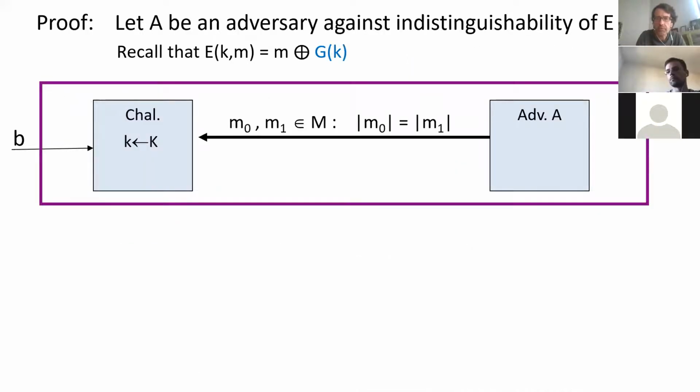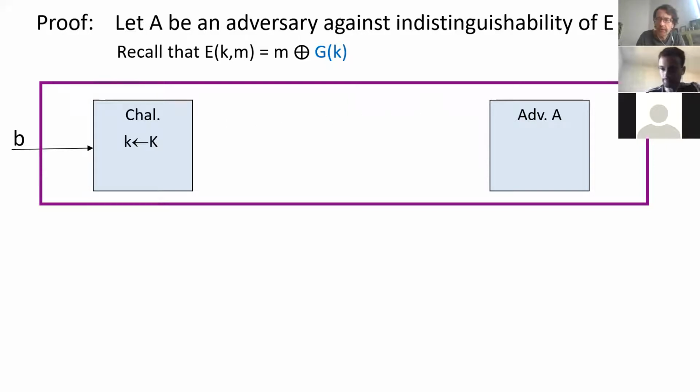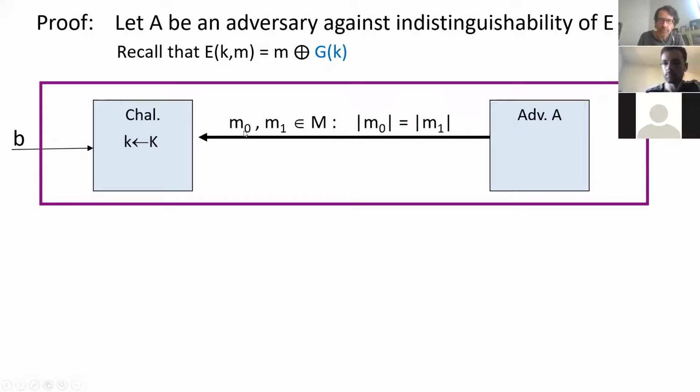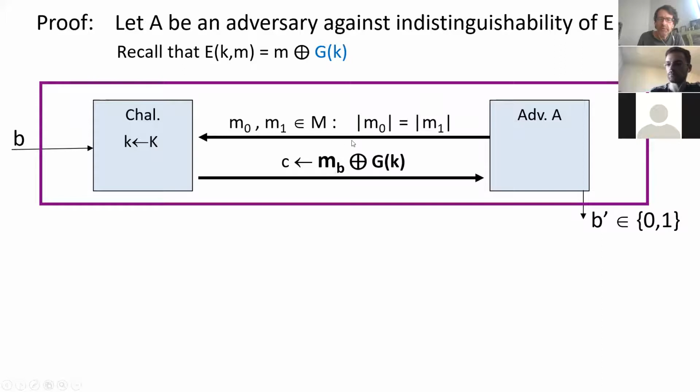So let's start with an attack on encryption. Now we know what form it takes. We know that we are attacking indistinguishability of encryption. If you attack indistinguishability of encryption, you must be producing two messages such that you can tell apart a random sample of the encryption.